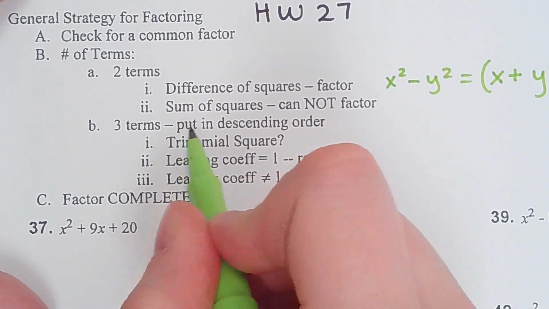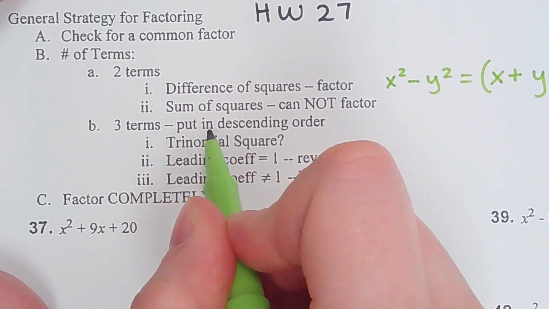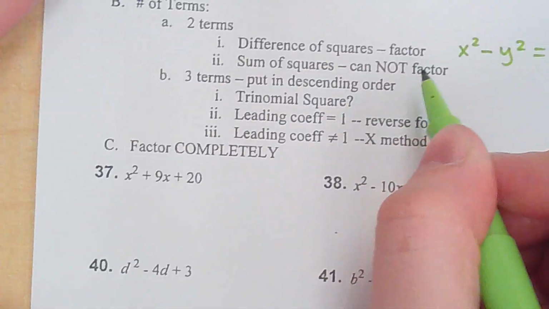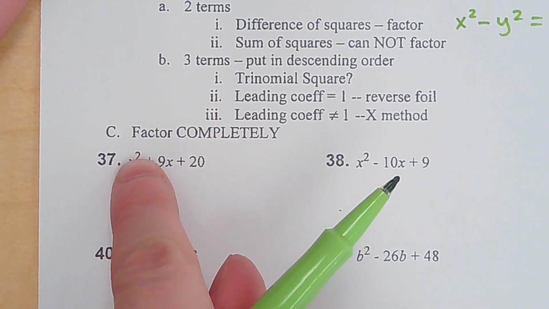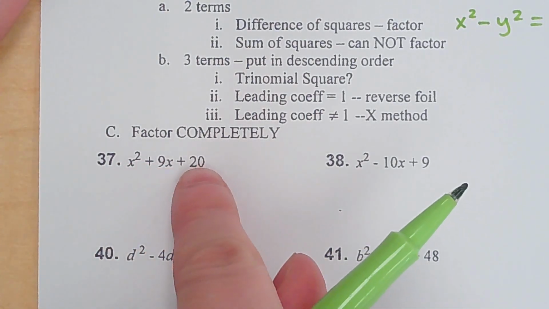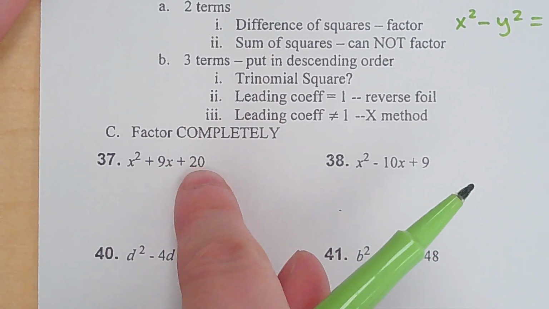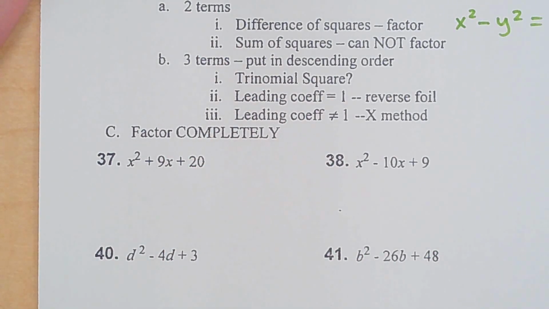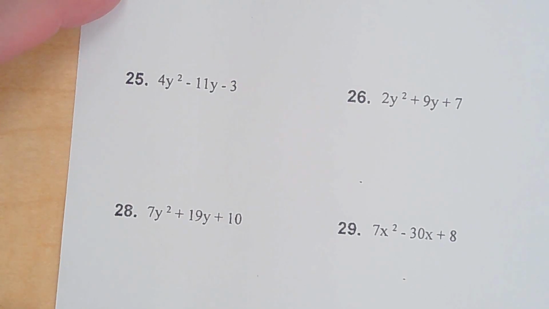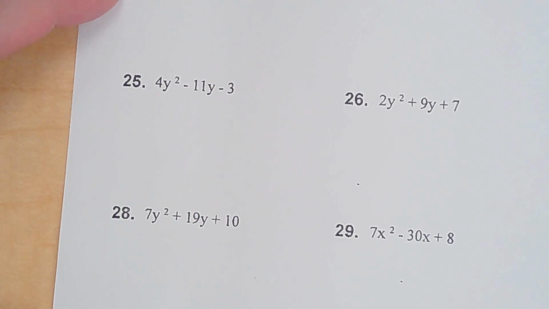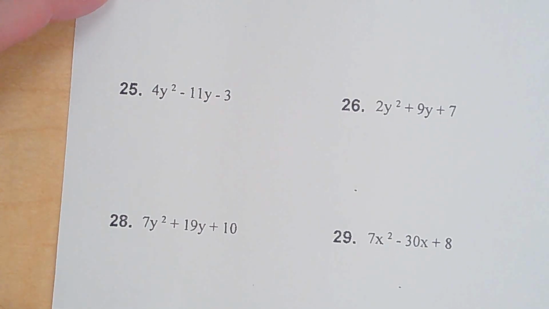First thing I want you to do with three terms is put them in descending order. That means you want your biggest exponent first, and then you go down to the number by itself that's last. So if I found an example on this page where you might need to rearrange them, I didn't actually include any examples on this page.